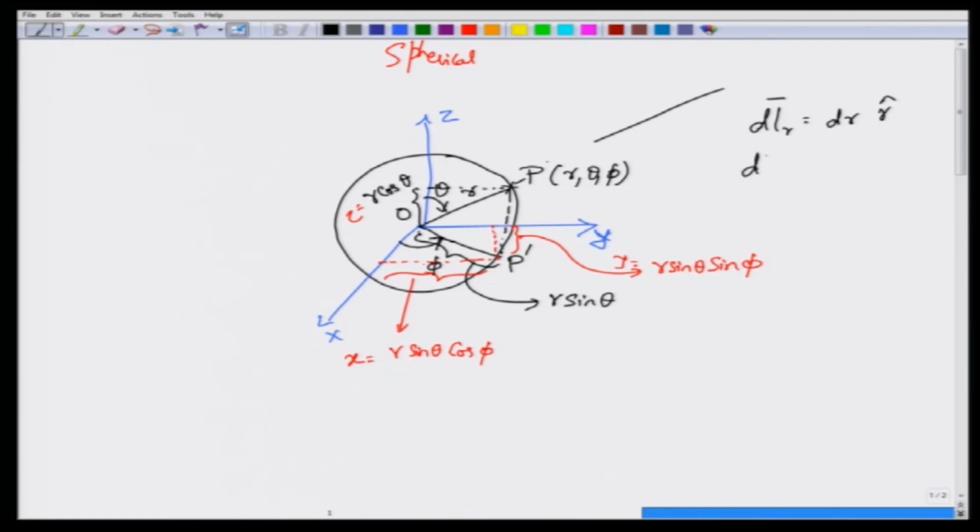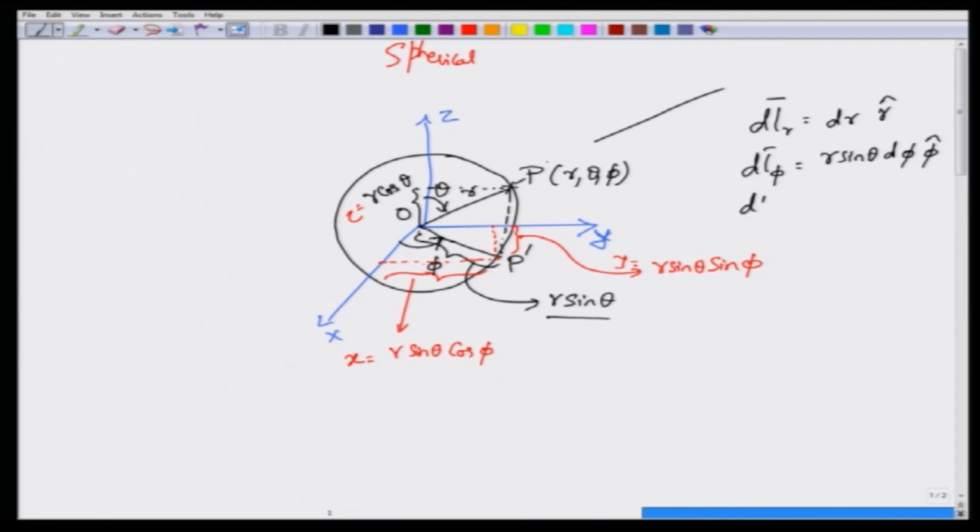What will be the line segment along phi? We know that in order to go from point p prime, you will have to go to another point q prime. So, if you have a point p and a point q, you will now have to go from p prime to q prime. That would be movement of r sin theta along an arc length of d phi. So, that will be equal to r sin theta d phi along the phi direction.